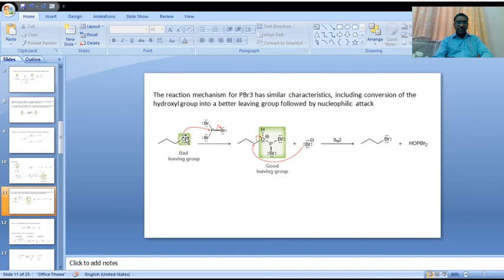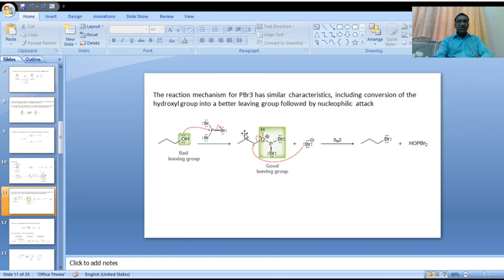Here, the hydroxyl group's lone pair of electrons bonds with the phosphorus, sharing these electrons with the phosphorus. In that case, the oxygen of the hydroxyl group becomes positive.